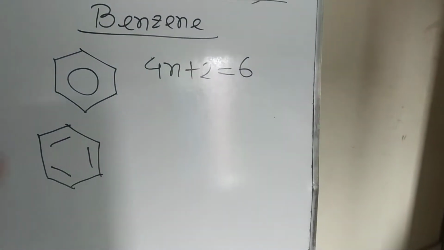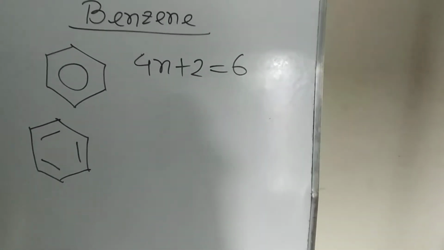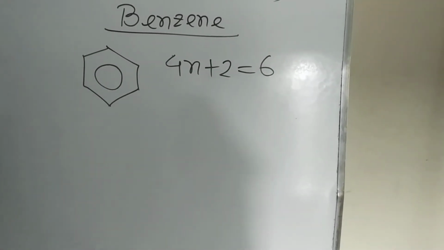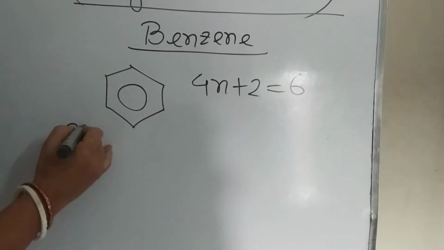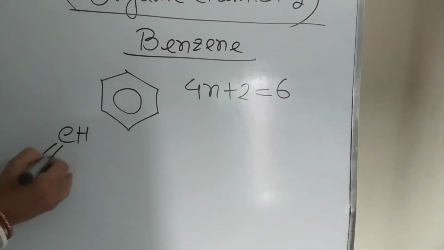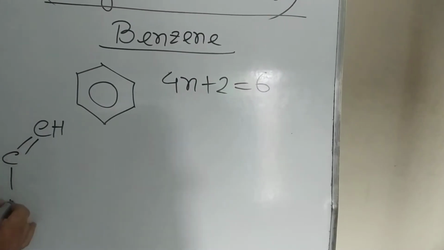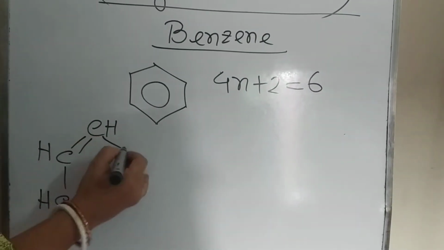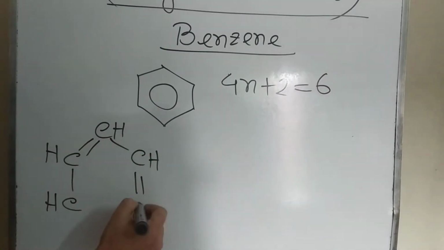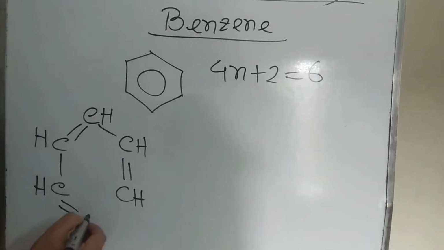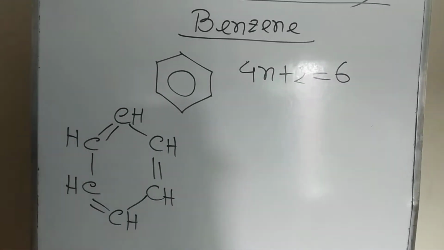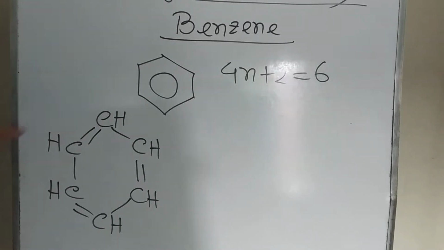Now, why is this 6? Because if you want to know this, then you must know the structural formula of benzene in this way. When we draw the structural formula of benzene in this way, you have seen that every carbon has a double bond.